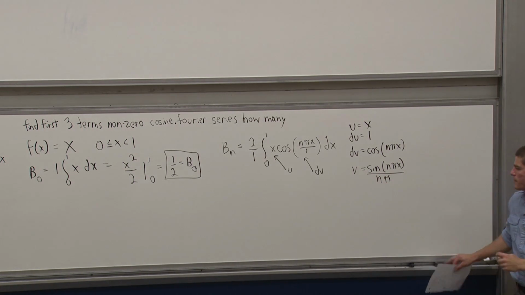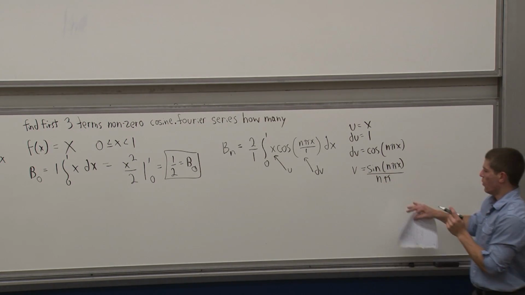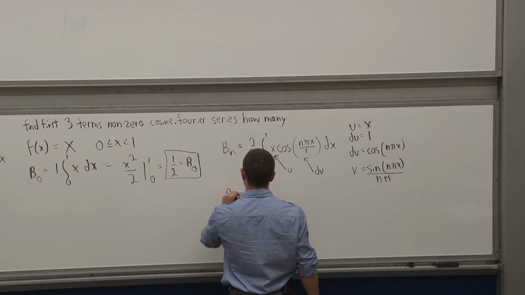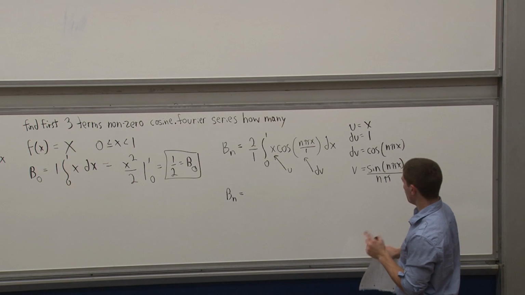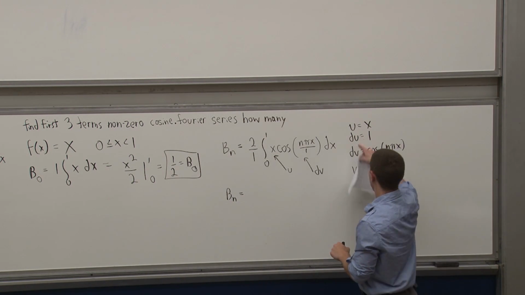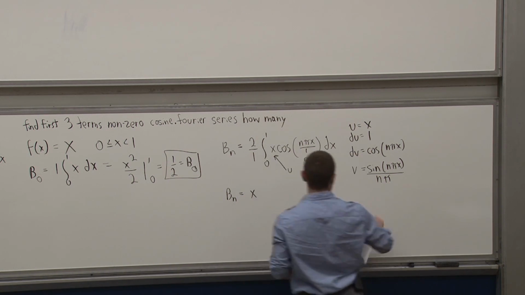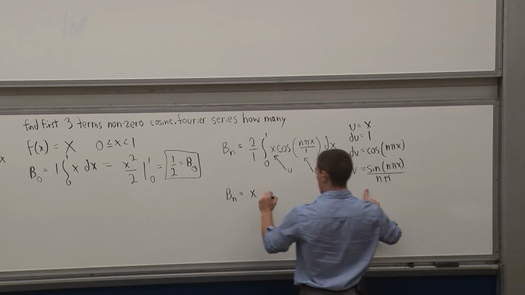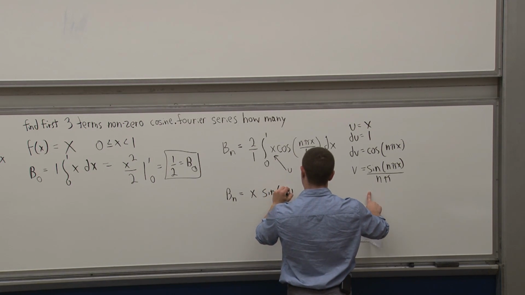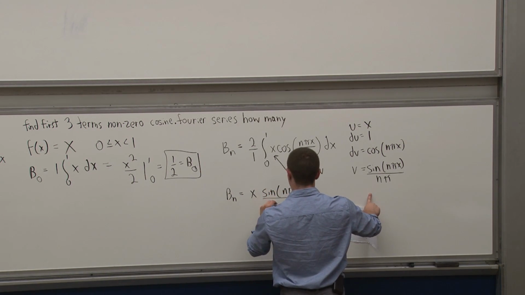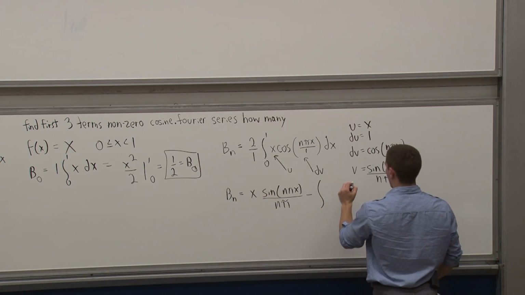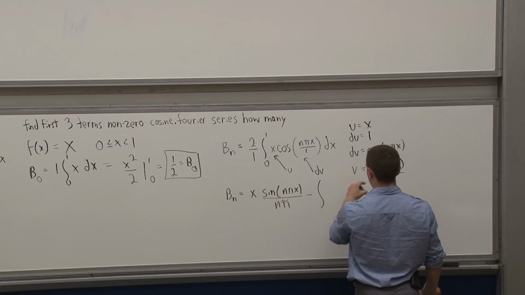Now bn equals uv minus the integral of v du. u is x, v is that thing, so sine n pi x over n pi, minus the integral of v du.